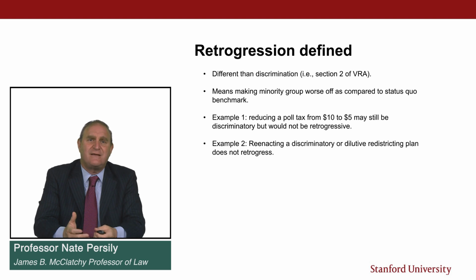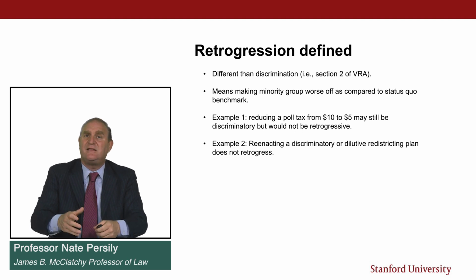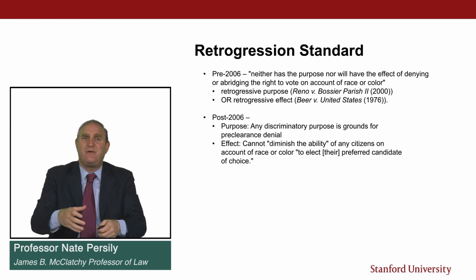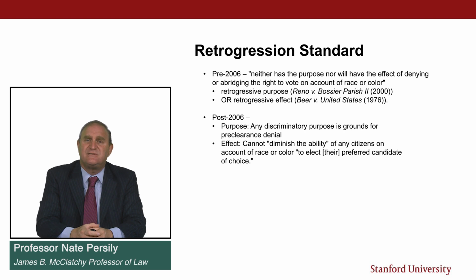That was changed in 2006, but the 2006 law, of course, was struck down in Shelby County versus Holder to make clear that any discriminatory purpose would be grounds for pre-clearance denial. And then the statute said that a redistricting plan or a voting law can't diminish the ability of any citizens on account of race or color to elect their preferred candidate of choice.